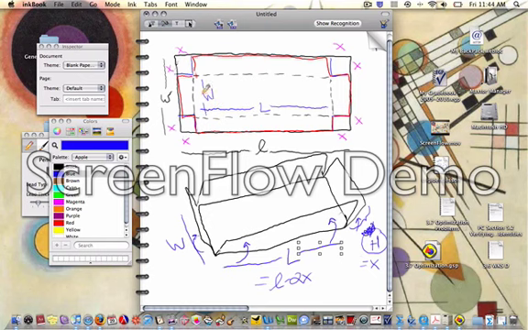Same principle applies. That W, we can take the original little w and subtract 2x from that. So this big W is little w minus 2x. Okay, so that's the width of our box, that's the length of our box, and that's the height of our box. So let's go to the next page.